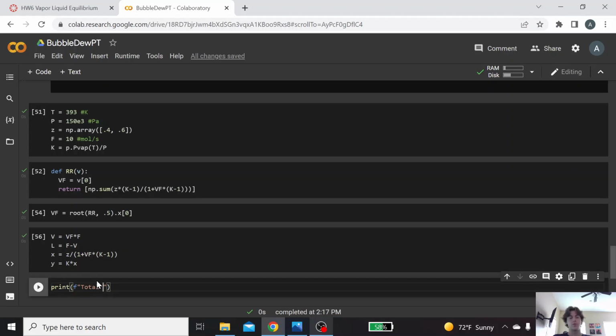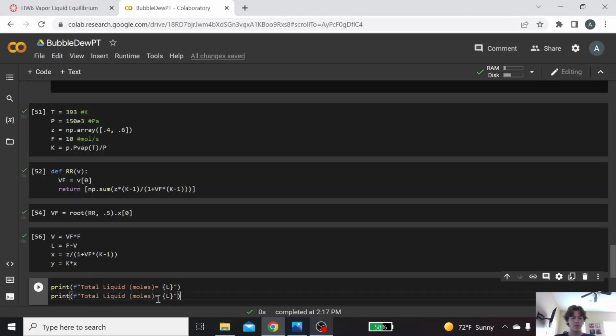So this first one will be our total liquid in moles, and then I will do another statement for our total vapor in moles, which is our V variable.